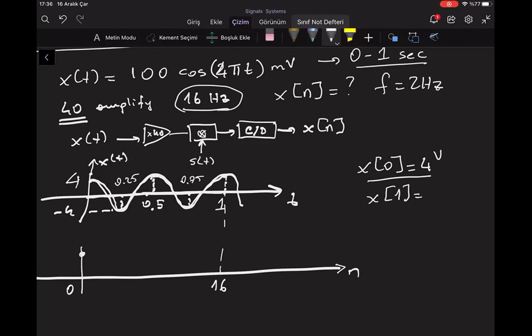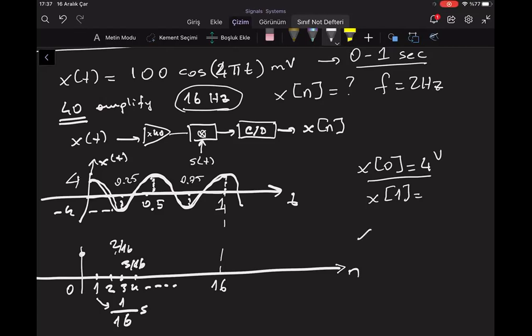So sample 1 is going to be at 1 over 16 seconds, then 2 over 16 seconds, 3 over 16 seconds, 4 and such. 1 over 16 second is going to be the first sample, right?